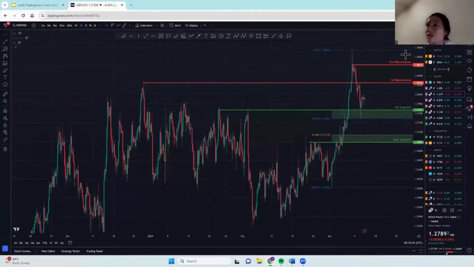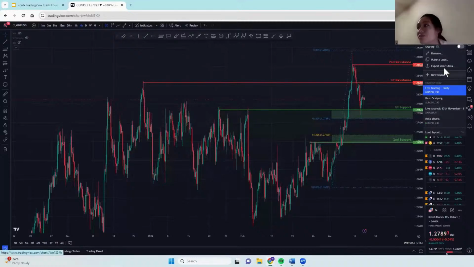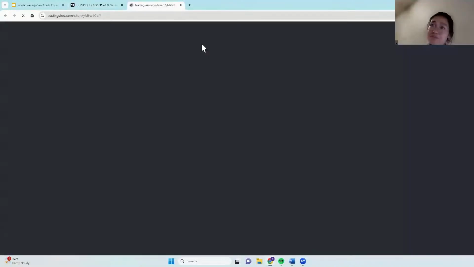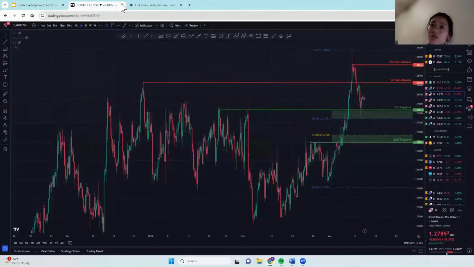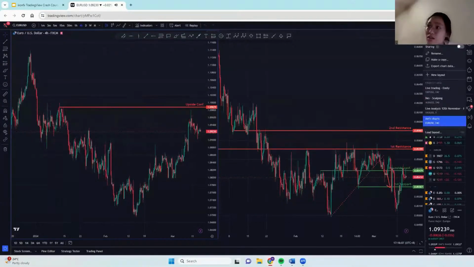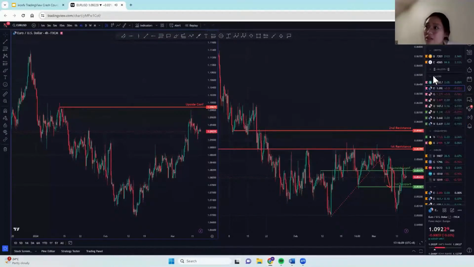Okay, so you can see here, let me just move my camera. So I'm gonna load a layout for myself. You can see I have one over here. So I'm just gonna use this. I'm gonna use my own charts. But if you want to create a new layout, just click on new layout.